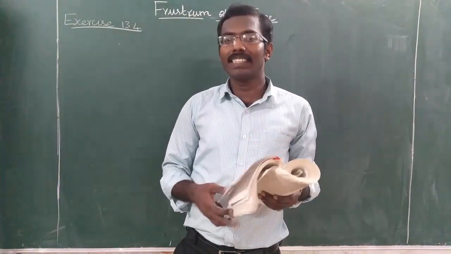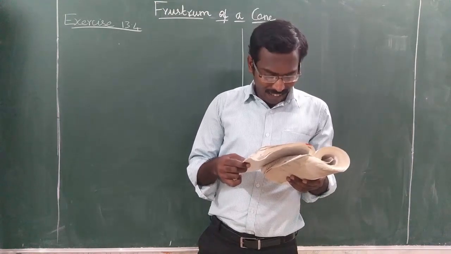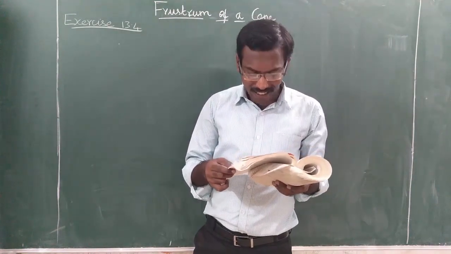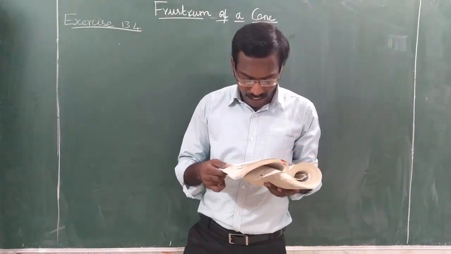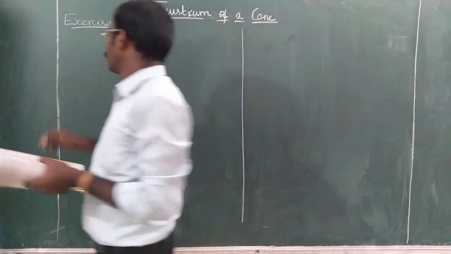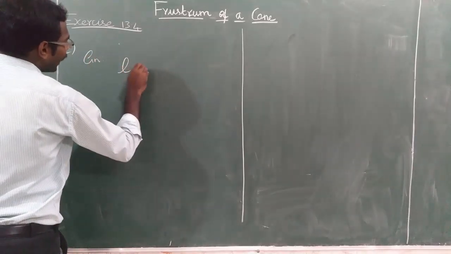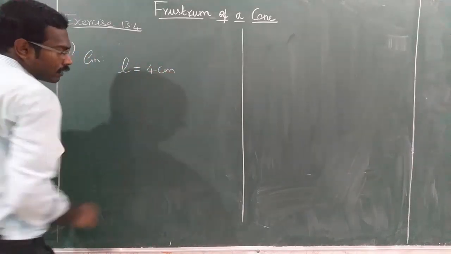Page number 257. Exercise 13.4, second sum. It's given like this. The slant height means L. The slant height of a frustum of a cone is 4 centimeter. So what is the given data? Slant height L is equal to 4 centimeter.